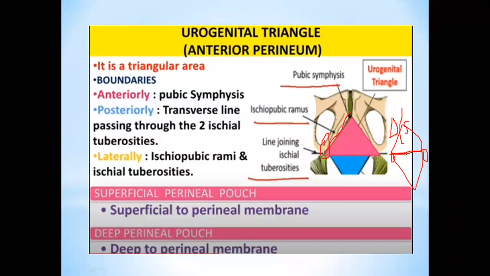This perineal membrane is separating the urogenital triangle from the anal triangle, forming a boundary between them.